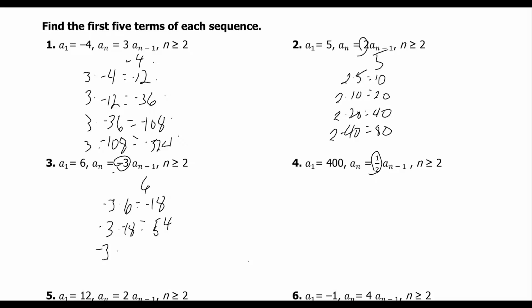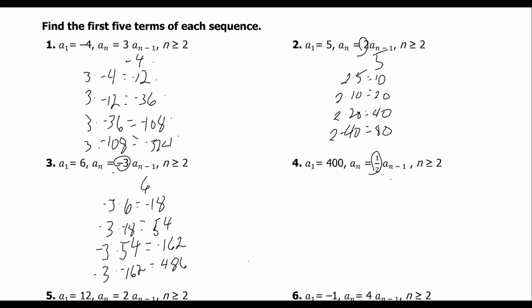Negative 3 times 54 equals negative 162. And then negative 3 times negative 162 equals 486.